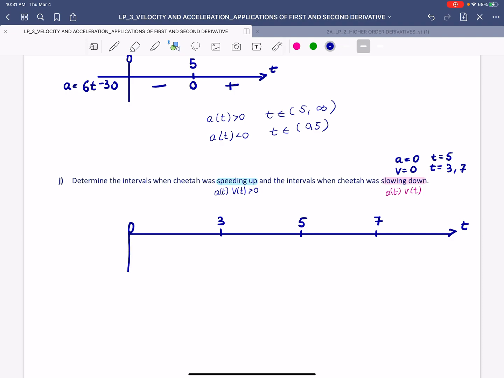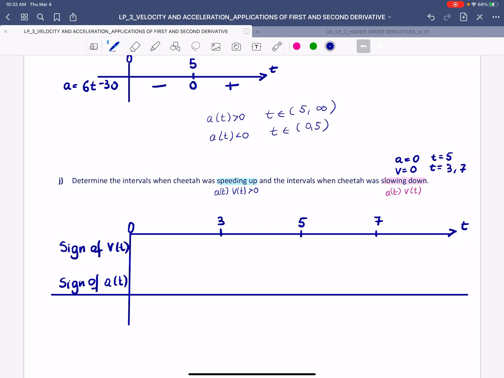Draw a vertical line here and place the sign of V(t) here, and then the sign of A(t) here. Draw another line, and here we're going to write the sign of A(t)V(t).